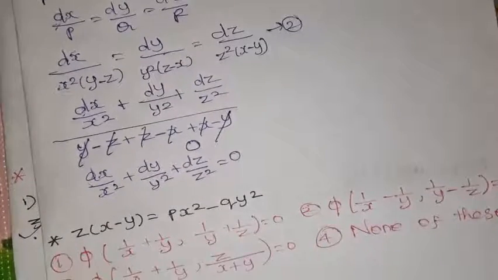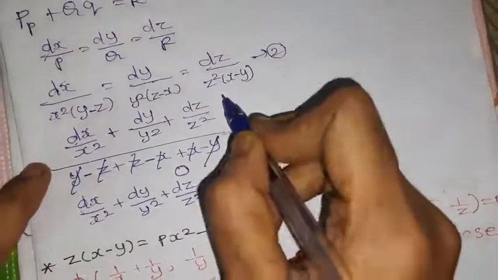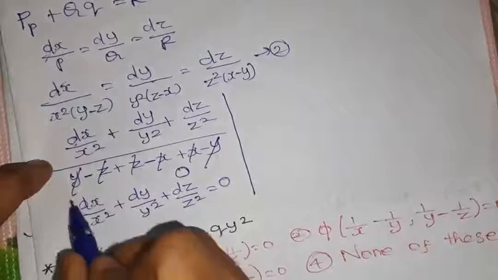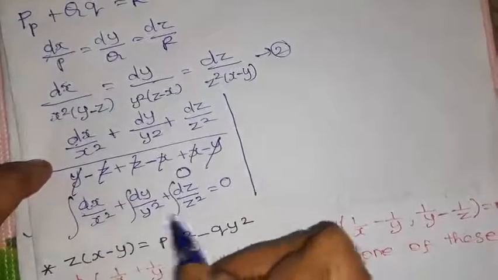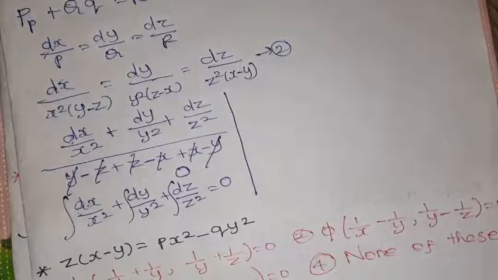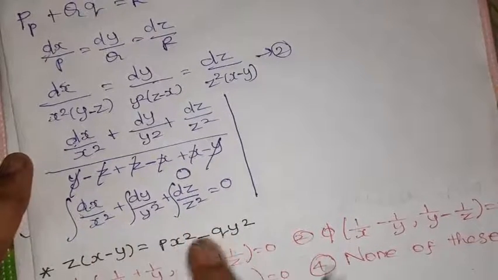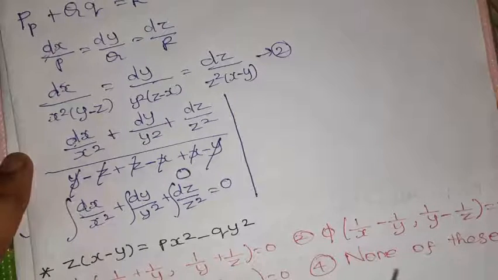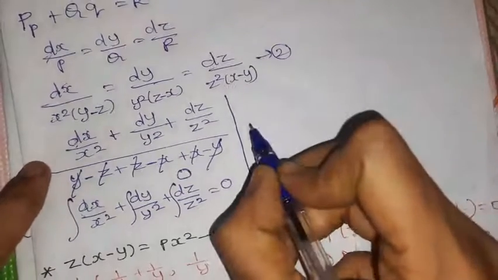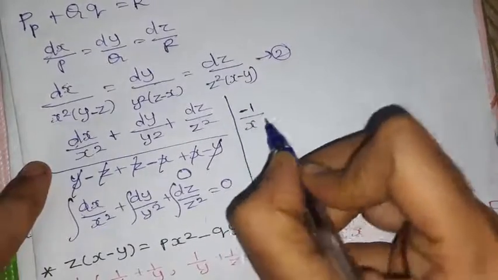We need to integrate. If we integrate these terms individually, what will we get? For dx by x squared, we use the formula x power n plus 1 divided by n plus 1. So x power minus 2 dx gives x power minus 2 plus 1, x power minus 1 divided by minus 1, which we can write as minus 1 by x.